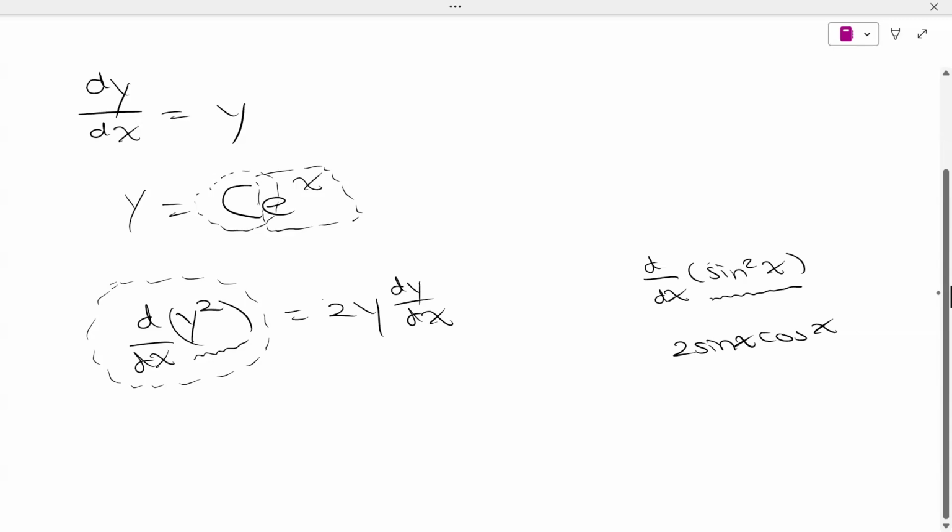Or another way you can write it is dy squared is 2y dy. So normally we'd write d y squared dy is 2y.